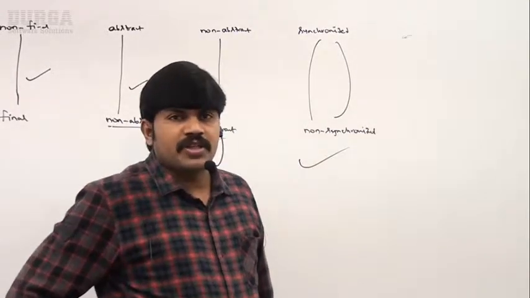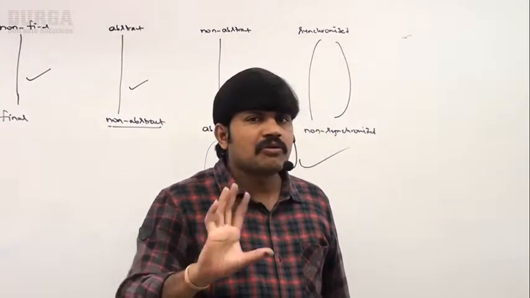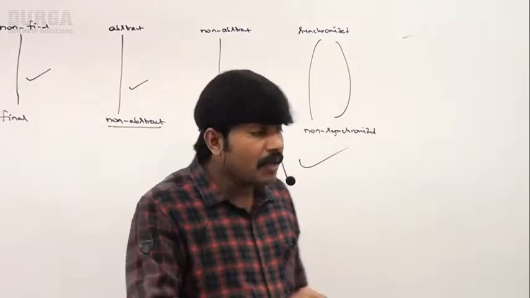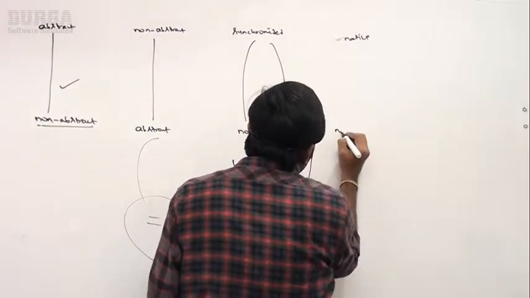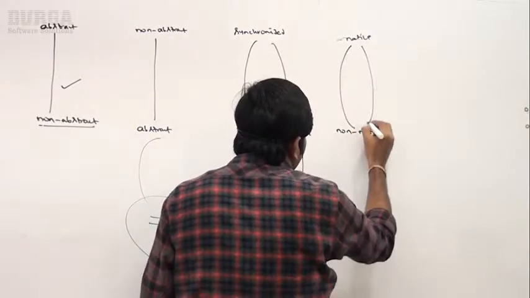If the parent class method is synchronized, it's not compulsory that the child class method be synchronized. No such rule. If you want, you can take it, otherwise you can ignore it, no problem. The same rule is applicable for native methods also. Native, non-native, no restrictions.